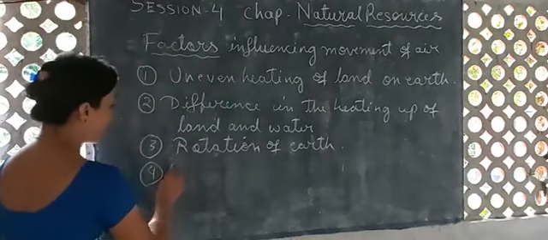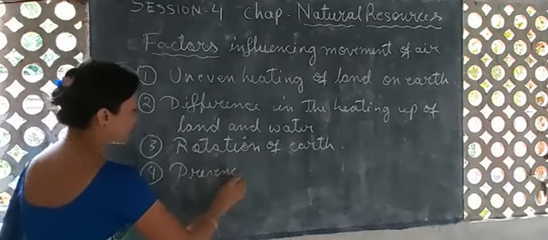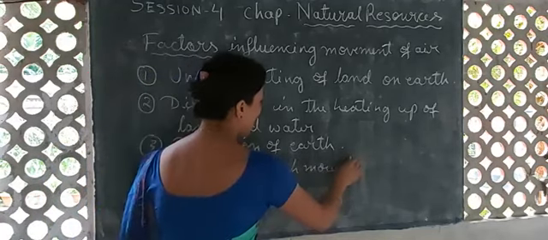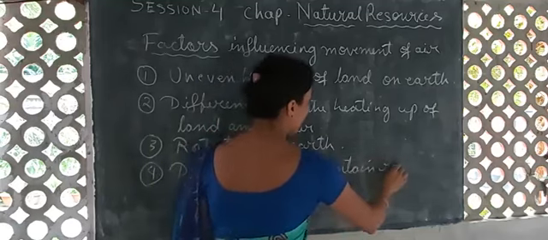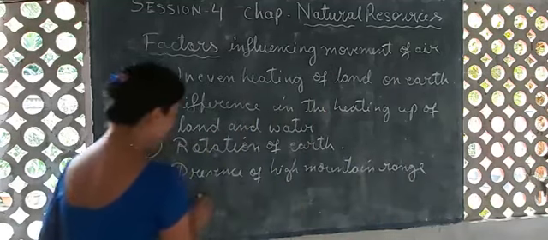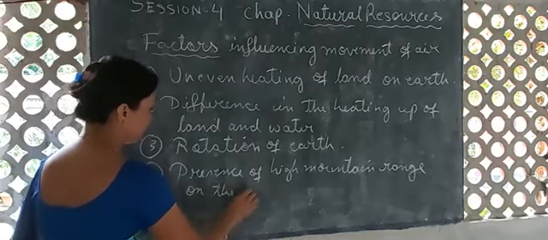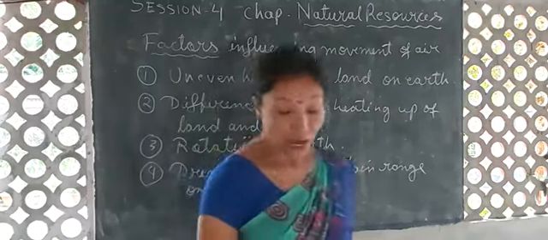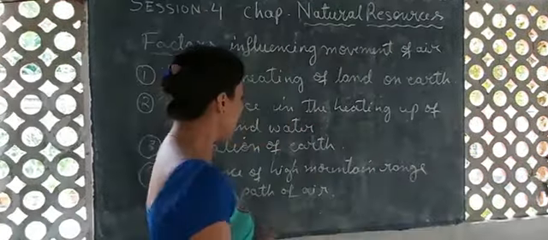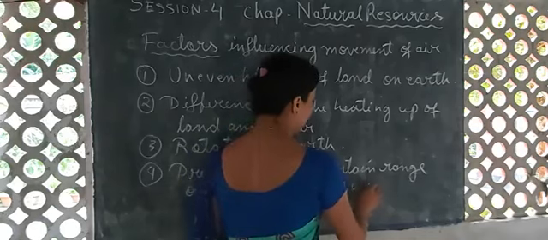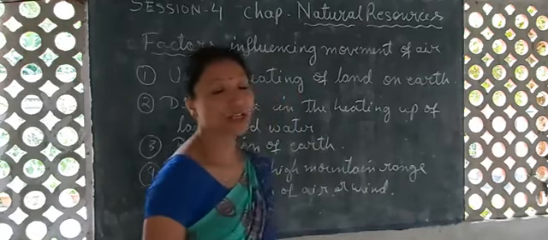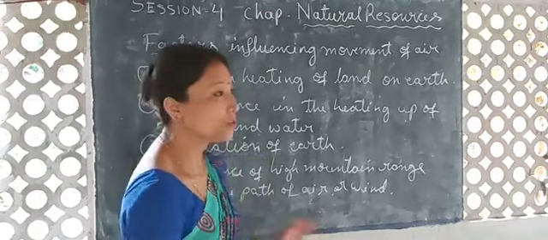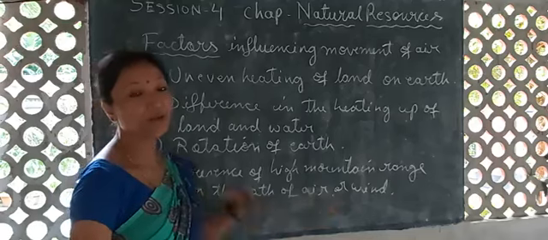So the presence of a high mountain range on the path of air or wind will also affect the movement of air. The presence of a big mountain will change the direction and affect the movement of wind.